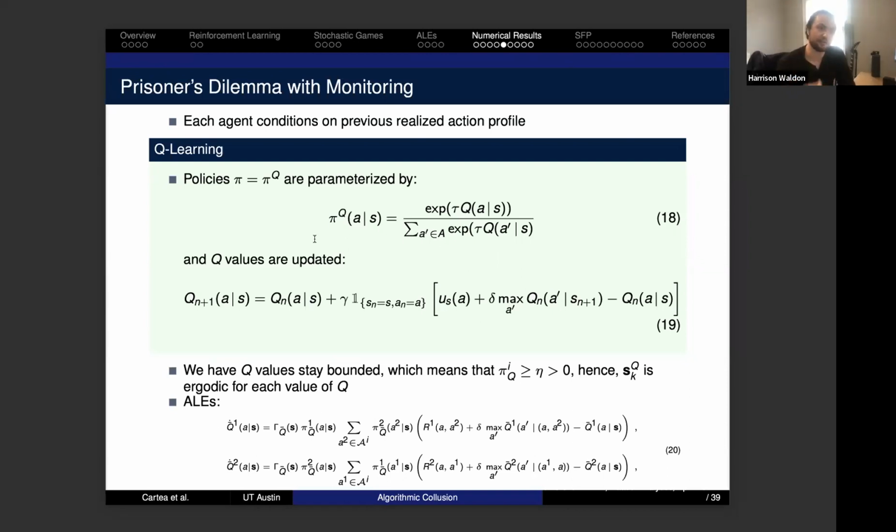That probability might be very, very small, but it's at least bounded away from 0. So we do have that the state process is ergodic, so that the ALEs that we end up with are similar to the ones before, just with the addition of this scaling factor given by the stationary distribution for fixed Q values.